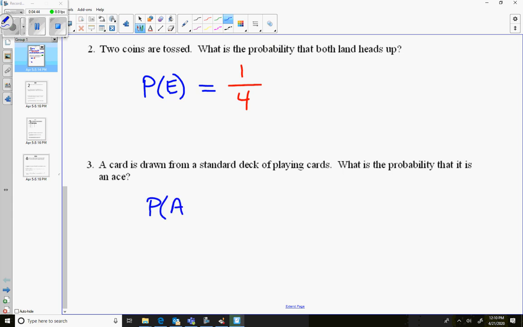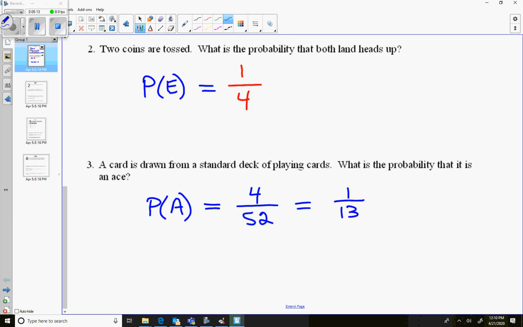So the probability of an ace, it is assumed that you know that there is an ace of spades, ace of hearts, ace of clubs, and ace of diamonds. There are 4 aces. So there are 4 ways of getting what we want in a standard deck of playing cards, which has a total of 52 cards in it. That's basically our answer, but that reduces.